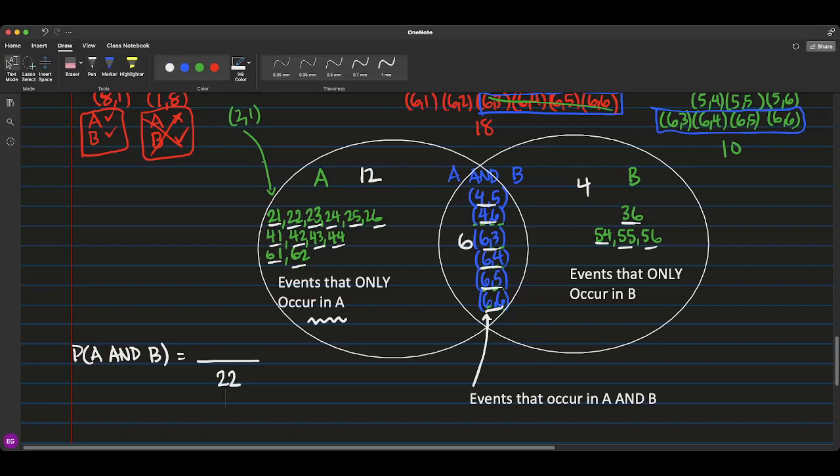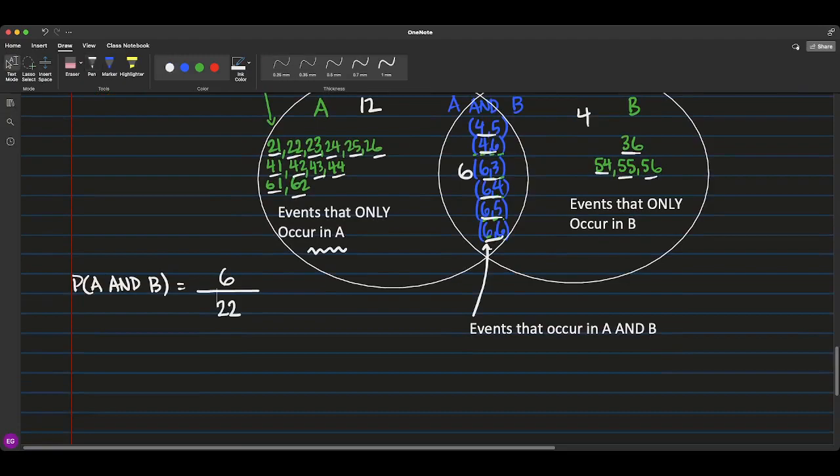And then how many ways are there to satisfy A and B? Well, the 6 in the middle. So what's the probability of A and B? 6 out of 22.